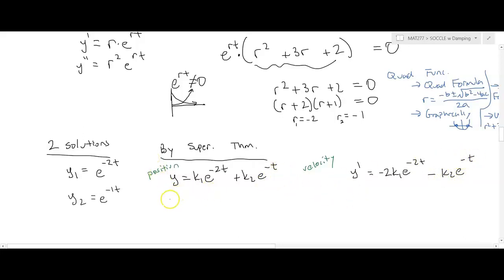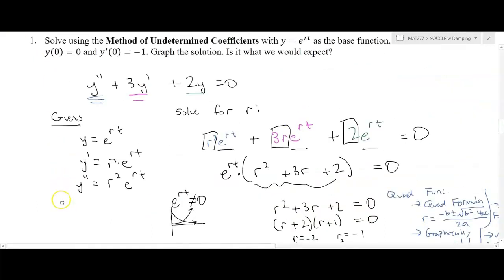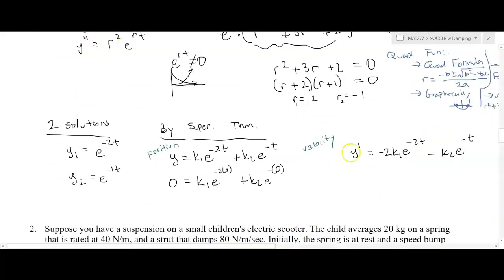And now we can plug in our initial position, which is 0 at time 0, 0 equals k1 e to the -2 times 0 plus k2 e to the -0. And our initial velocity is -1, so we'll plug in -1 for the initial velocity: -2 k1 e to the -2 times 0, minus k2 e to the -0.